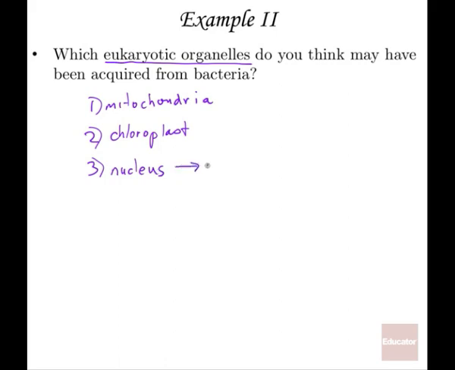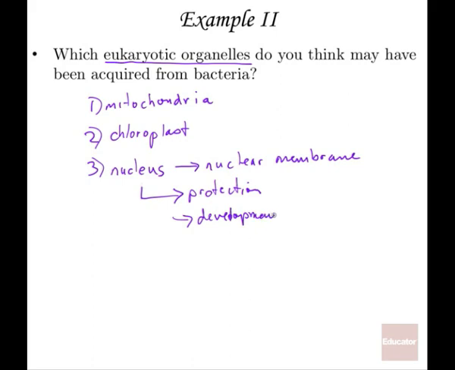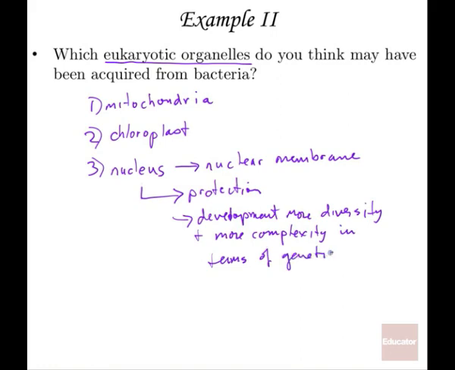So somehow the nuclear membrane was taken up into that primordial eukaryotic cell, and that change in design really made a huge difference in relationship to protection of DNA, which also then enabled development of more diversity and more complexity in terms of genetic diversity.